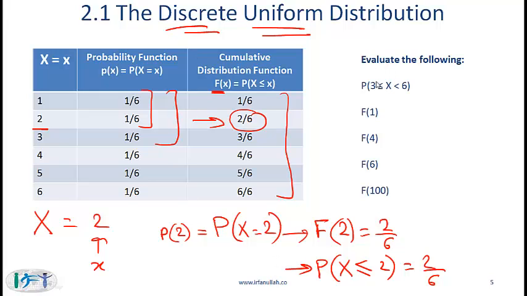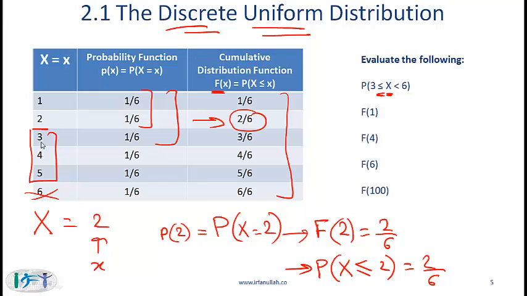Now let's evaluate a few expressions. What is the probability that the random variable is between 3 and 6, where 3 is less than or equal to x, but x is less than 6? What that essentially is saying is that our random variable is between 3 and 5, because x is less than 6, so this 6 is not included, but 3 is, because of that less than or equal to sign, which you need to watch very carefully.